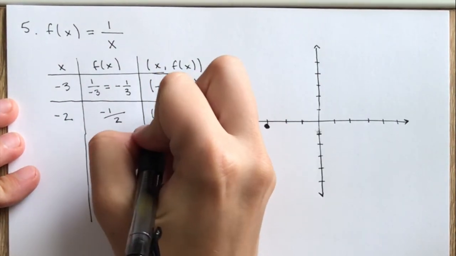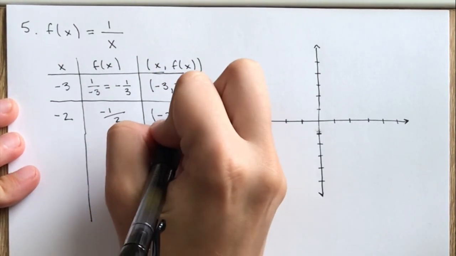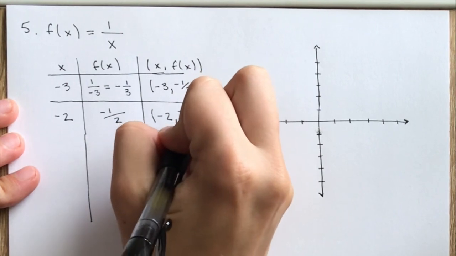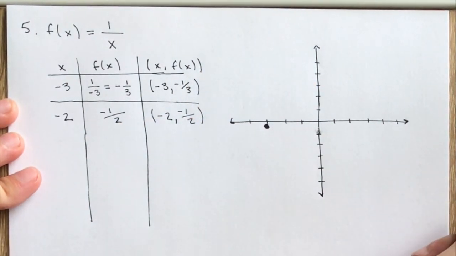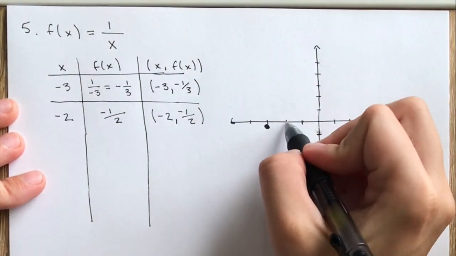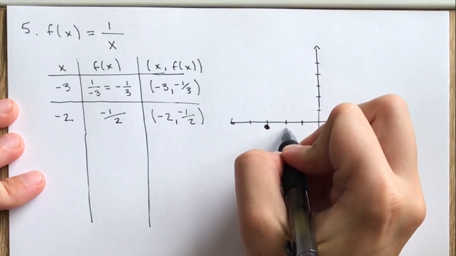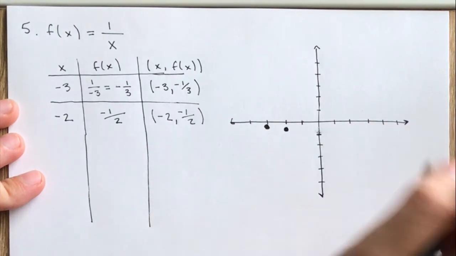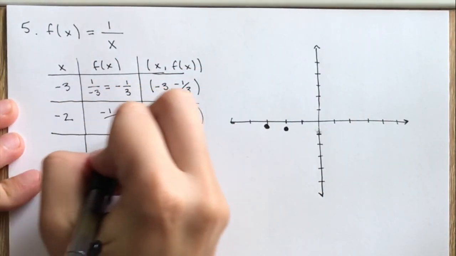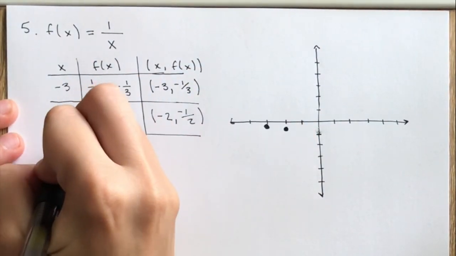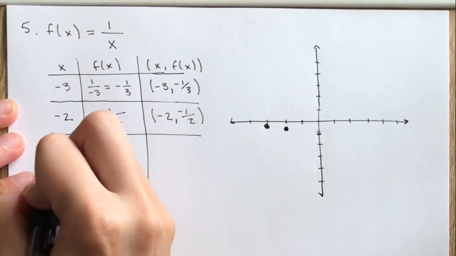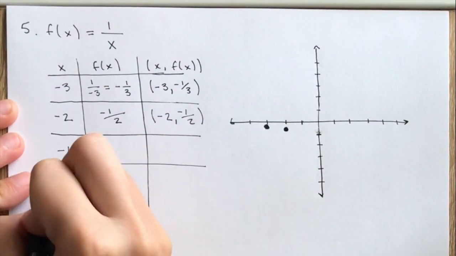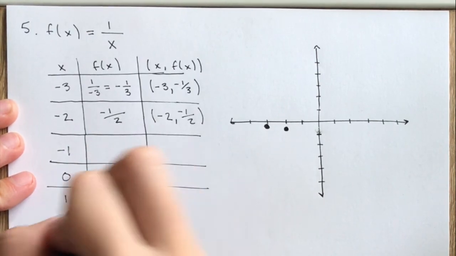So our point here is -2, -1/2. We want it to be about halfway there.